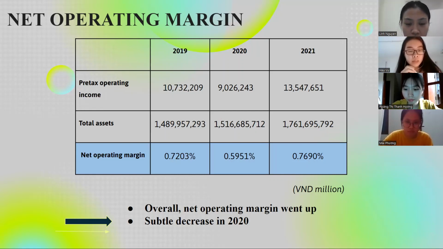It indicated that BIDV has successfully adapted to the new situation and enhanced management for growth. In conclusion, ratios such as NIM or net operating margin demonstrate that BIDV management and staff have fulfilled their role to enhance the efficiency of asset use and increase the profitability of the bank, even in the worst scenario of the pandemic.